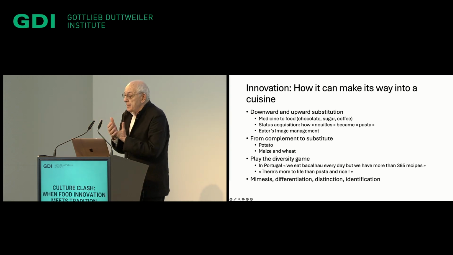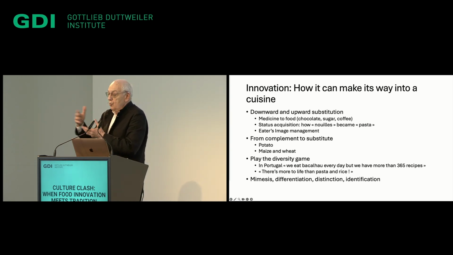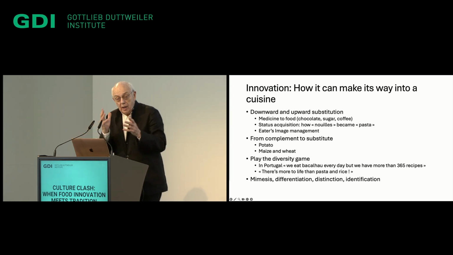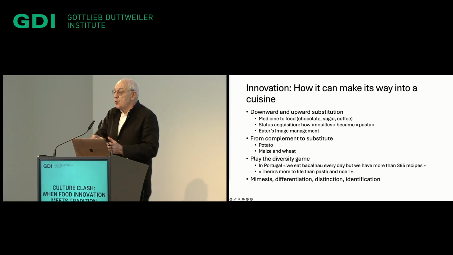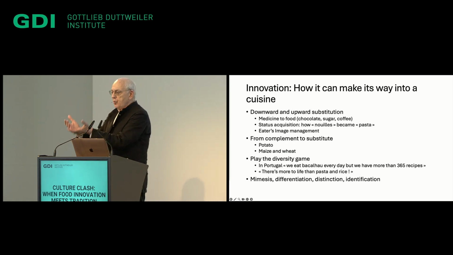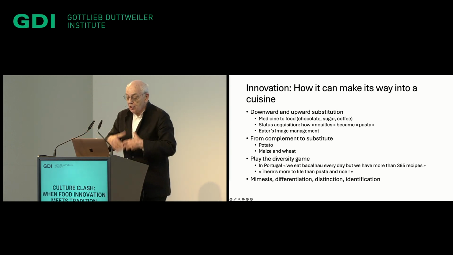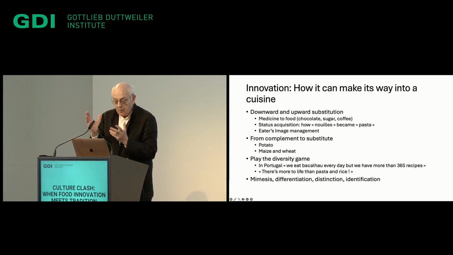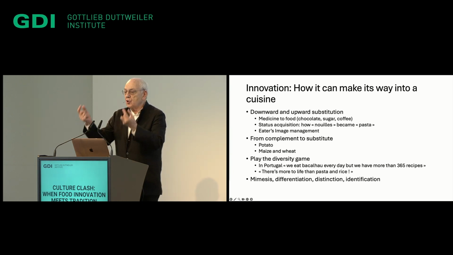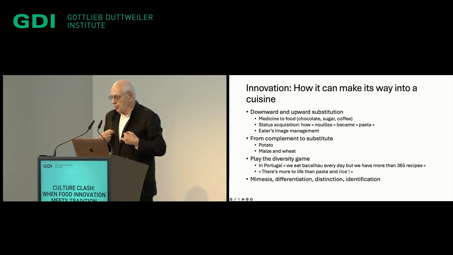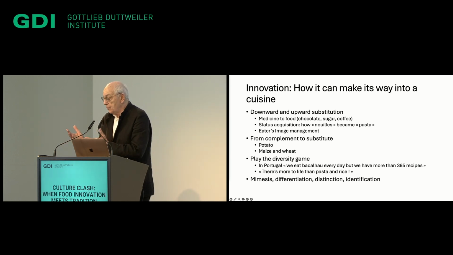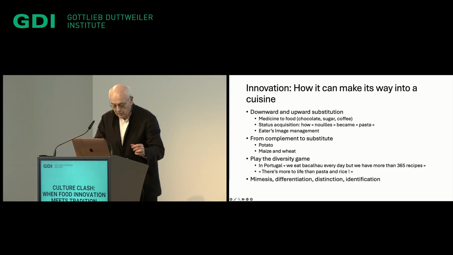But in the 90s, thanks to Barilla, for instance, in France, they turned noodles into pasta, which was presented on a cushion as if it were a jewel. So you can change the status of the food with good management, but you can also change the eater's image through good self-management. That is, if you change your way of eating, if there's prestige associated with the food, you can climb up the social ladder, at least symbolically.